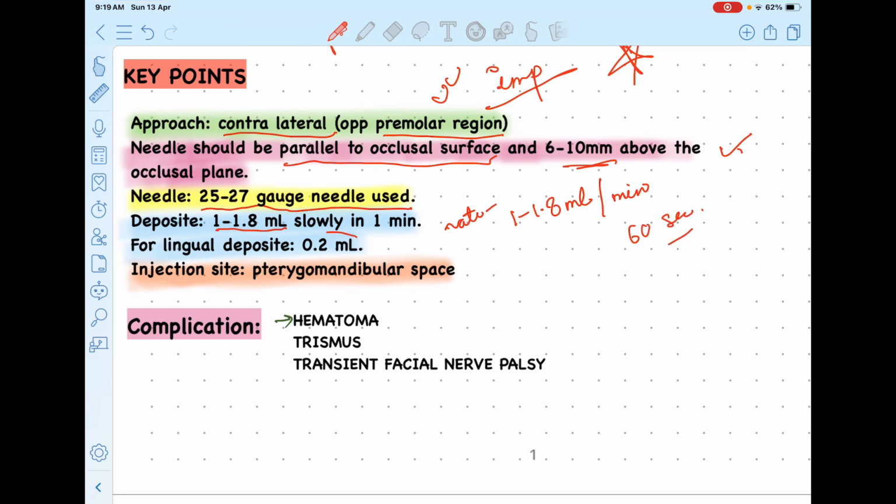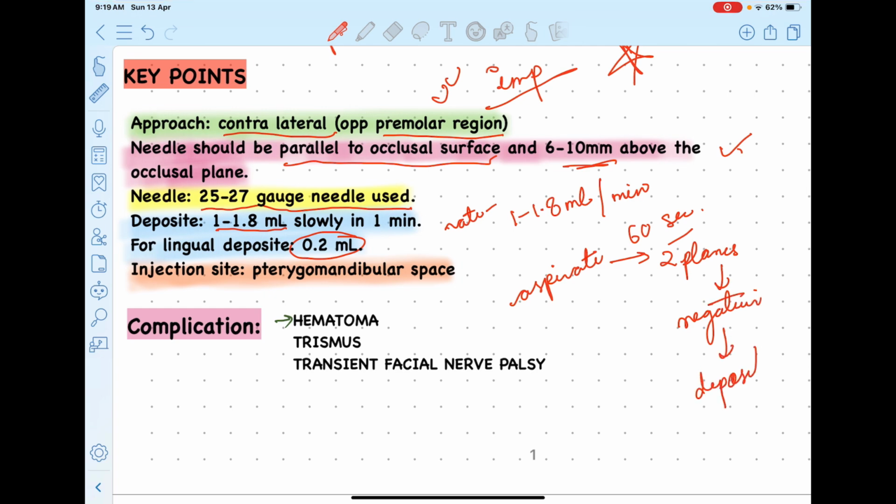And for the lingual nerve we deposit only 0.2 ml, and we aspirate in 2 planes. If it is negative, then we deposit, but if the aspiration is positive, we discard the needle. Okay, and we use a different syringe.